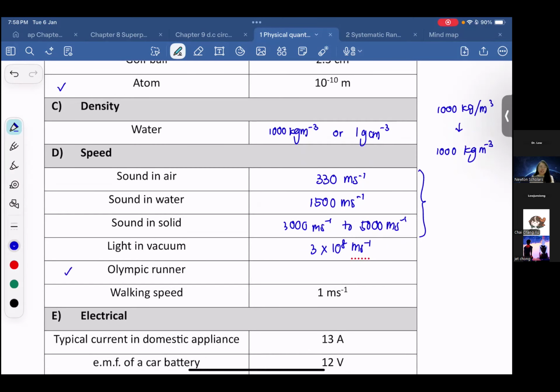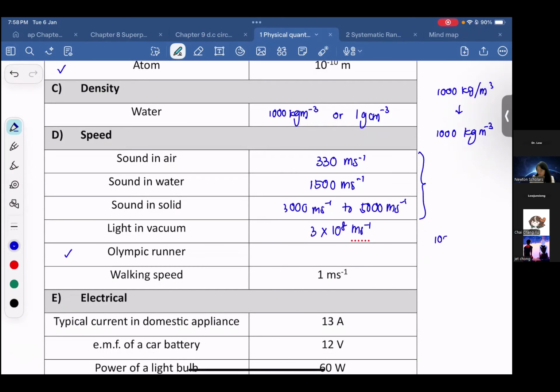Olympic runner, this one is important, you have to know. How fast is the speed? You can think of 100 meter. A normal person, how many seconds do you need to complete the 100 meter distance? Maybe 13, 14, 15 seconds. But an Olympic runner can complete it in 10 seconds. If not mistaken, the latest record is less than 10 seconds.